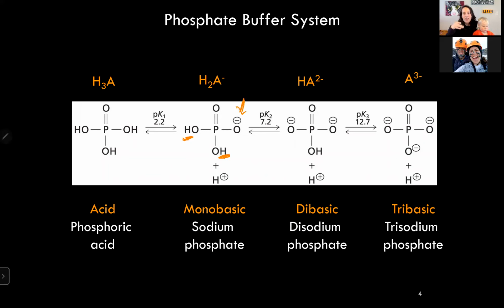Now I always just draw it so that the double bond's pointing north and anything pointing south has a negative charge on it, and anything in that horizontal plane has the proton on it. But you know, this is just a little flipped around, but it still says the same thing. So it'll have 2 free hydrogens and a negative charge on it.